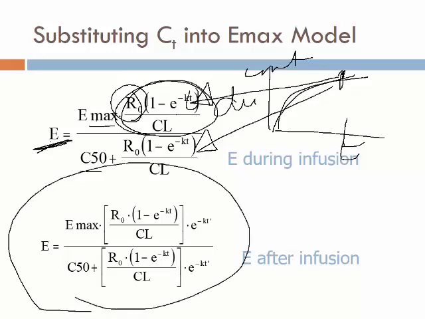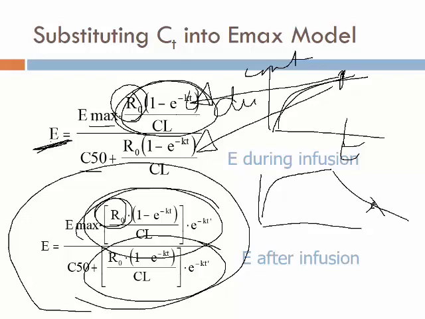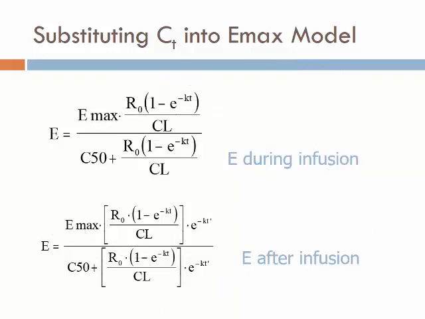This is the same thing, only we've put the equation in for the concentration after stopping the infusion. We can do this for anything. This is super powerful because we can solve for what dose rate we need to get a certain effect at any particular time. Super cool.